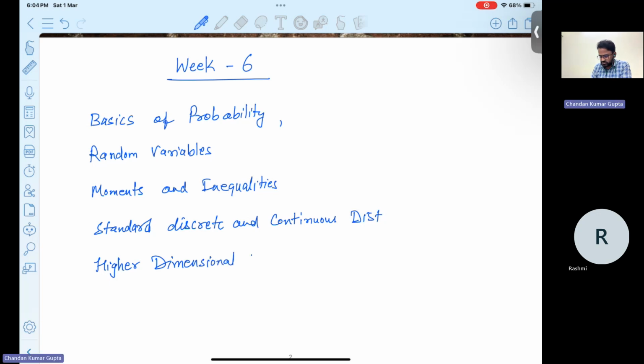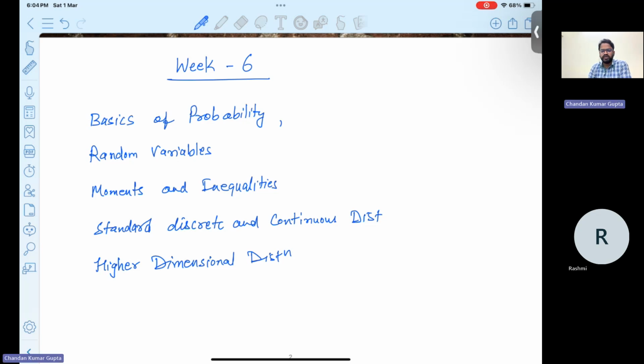Up to the fourth week, we discussed univariate distributions, where we have only one random variable. But in the fifth week, we dealt with more than one random variable. These are called bivariate or multivariate random variables, and their distributions are called multivariate distributions.